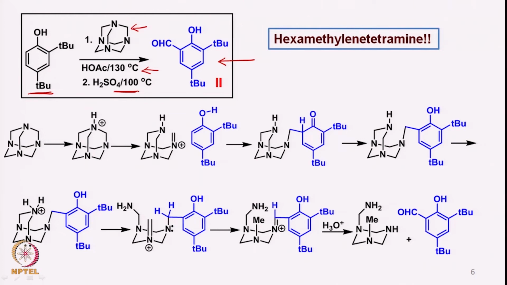Now what exactly is the mechanism and how does this act as a source of formyl group is something that is shown here. If we take this hexamethylene tetramine and it gets protonated, it can get protonated at any position, but we are writing it here on the top.